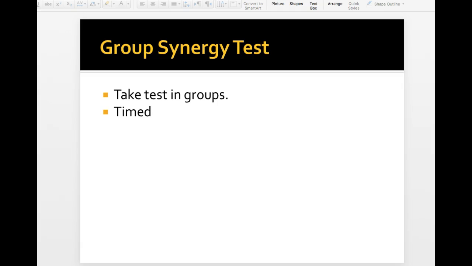Obviously, the group with the highest score is the winner, right? You're not allowed to use any cellular devices to look up answers, just your brains and the skills that your group members have to answer the questions. So good luck, and we'll see which groups have higher synergy depending on what they bring to the table and the things that you're able to complete together.